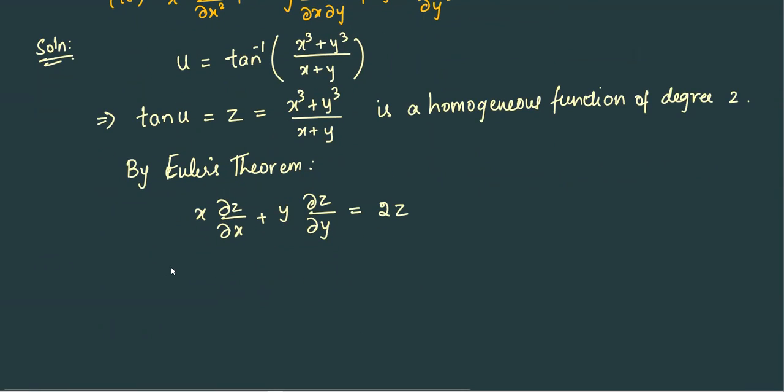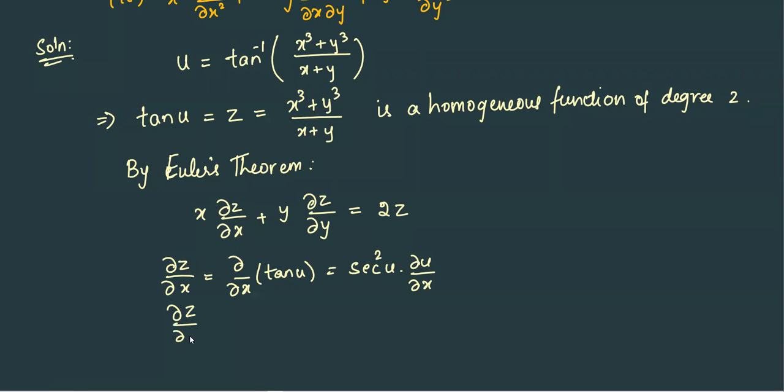So dou z by dou x will be dou by dou x of tan u, which will be secant square u into dou u by dou x. Similarly, dou z by dou y will be dou by dou y of tan u, which will be secant square u dou u by dou y.